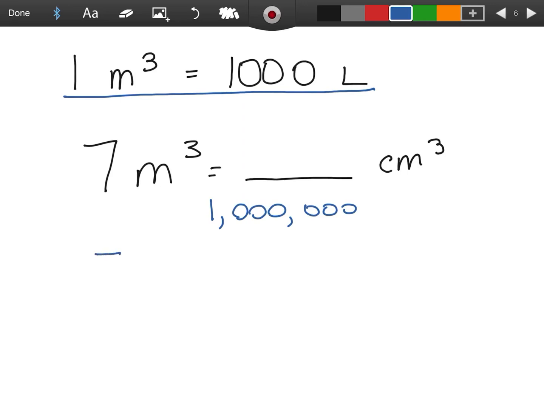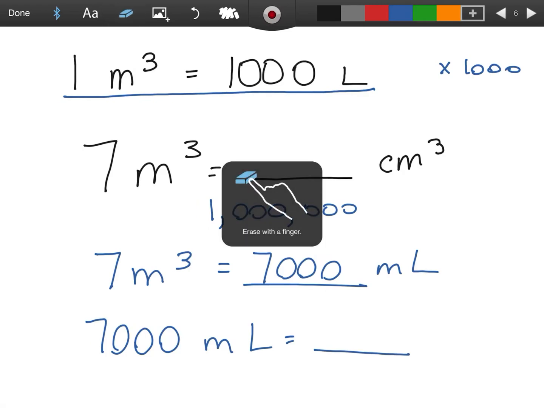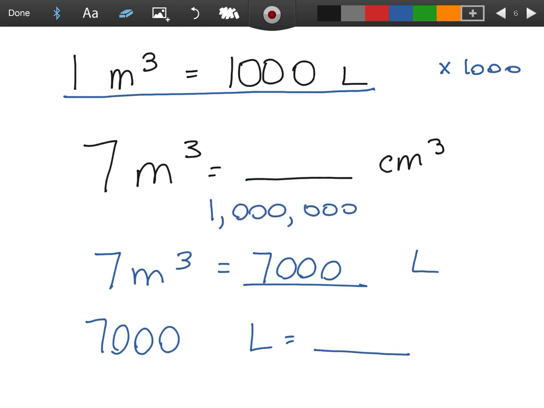So we can go for this situation and figure out how many liters that is, and you can tell that they've just multiplied that number by 1,000. So now we can say that 1 meter cubed is the same as 7,000 milliliters, and then we can take that 7,000 milliliters and go into, or not milliliters, my apologies guys, 7,000 liters.